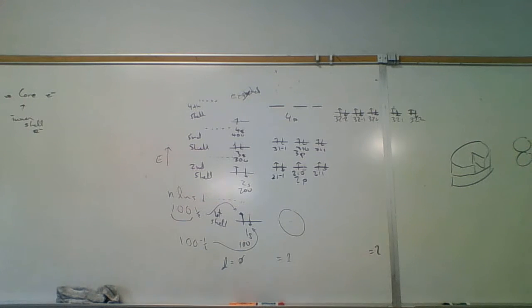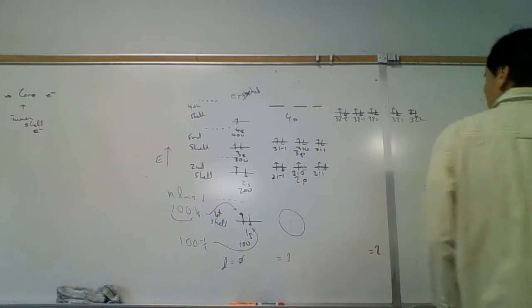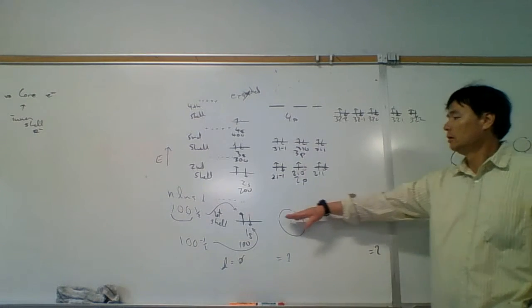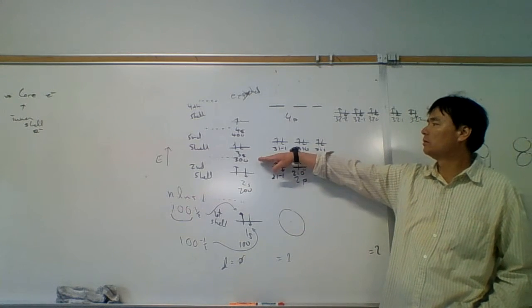Valence versus... no, just n. The highest n orbitals. I'll tell you what I mean by that in a minute. Like right now, I can tell you what it means here. When I look at the shells, the first shell is inner, the second shell is inner, the third shell is inner.